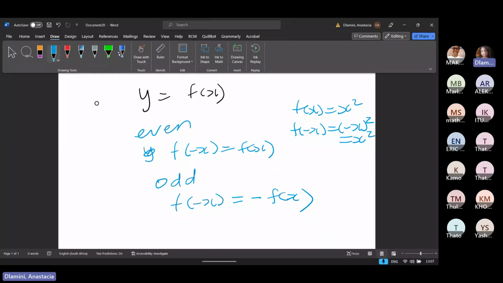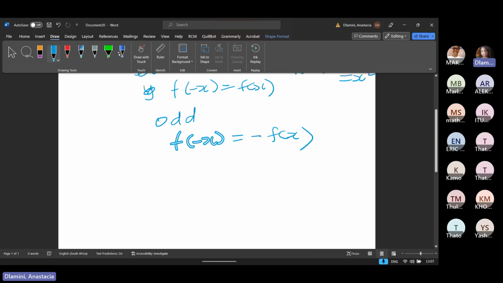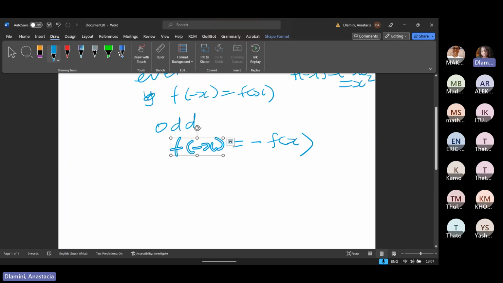On page 204, there's a nice statement: the graph of an even function is symmetric with respect to the y-axis. Yes, the parabola is symmetric with respect to the y-axis. The graph of an odd function is symmetric around the origin, like your cubic graph. That is figure 12 and figure 11.